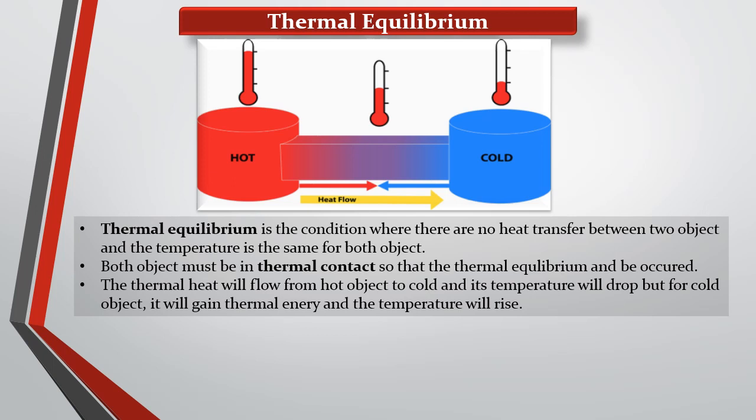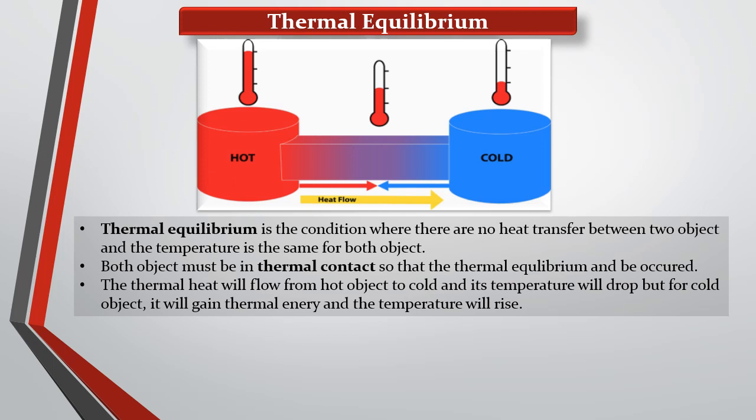That means the rate of heat energy transfer is zero, and the temperature is the same for both objects. So we can say that thermal equilibrium is reached when the temperature of two objects is the same. Both objects must be in thermal contact so that thermal equilibrium can occur.